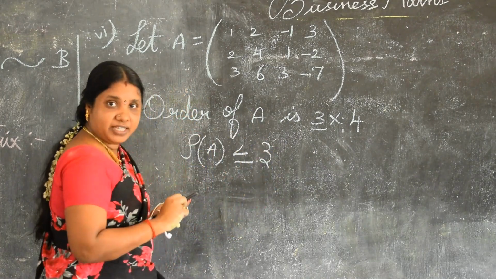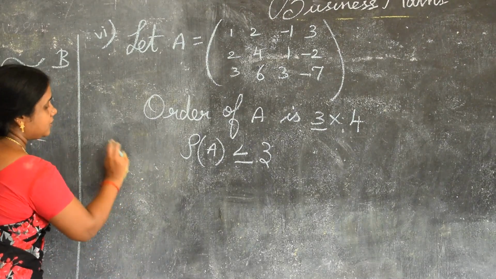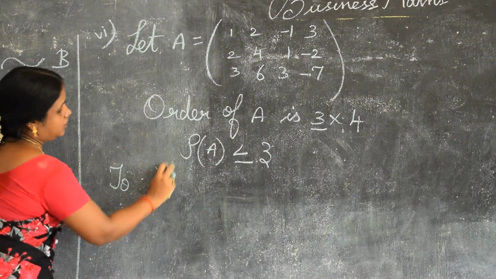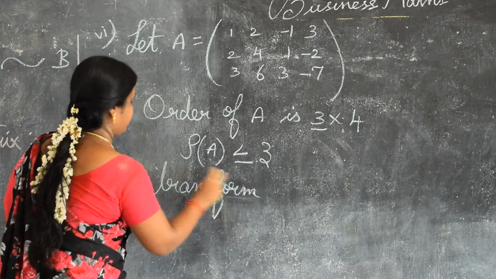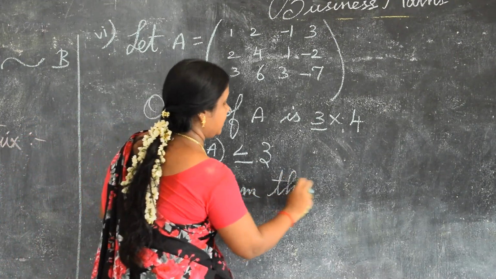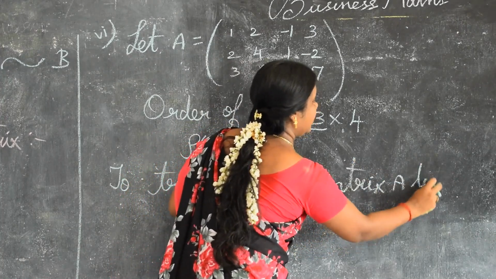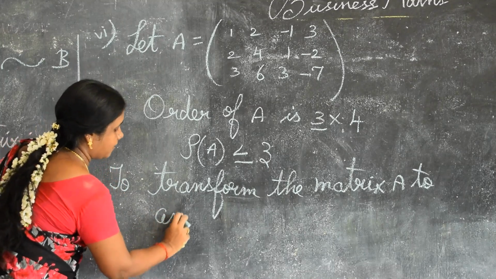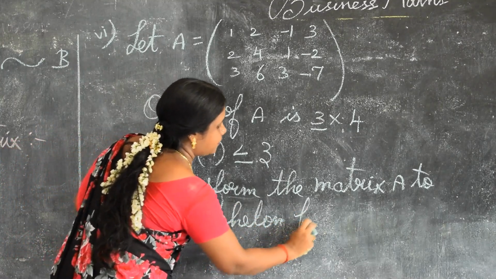So rank of A is less than or equal to 3. Now I am going to transform the matrix A to an equivalent form. In this method easily you can solve this problem.